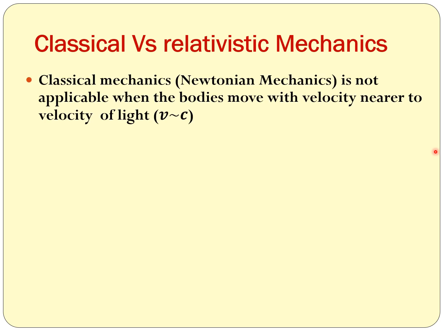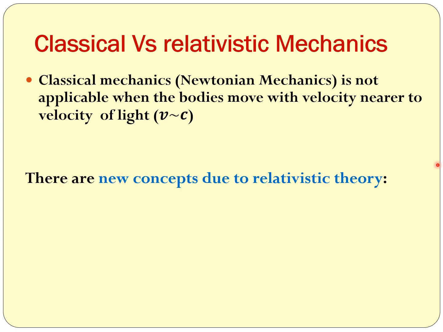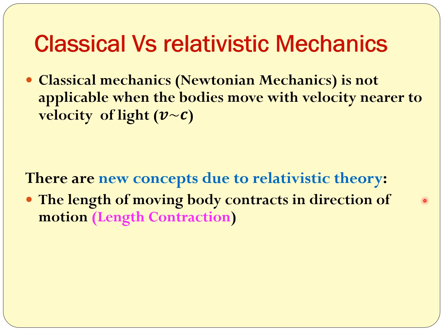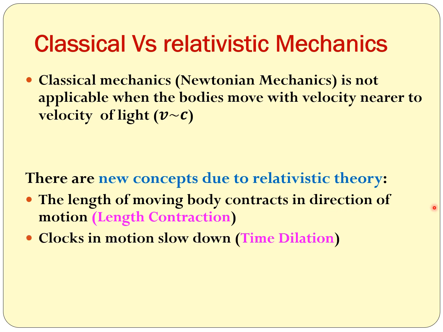So classical physics or classical mechanics is not applicable when the bodies move with velocities near the velocity of light, or when v is comparable to c. Then there are some new concepts due to the relativistic theory. The length of a moving body contracts in the direction of motion, which is known as length contraction.